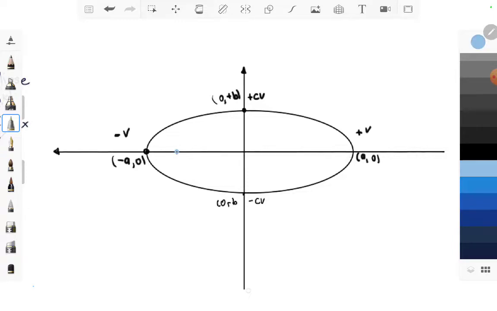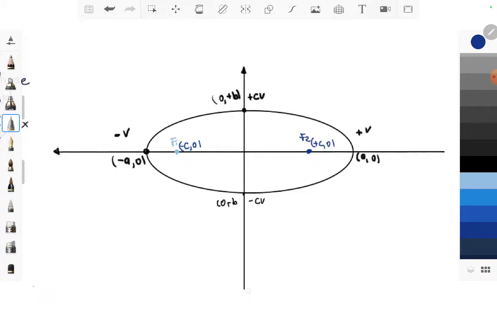So let's say we have my focus 1 and I have my focus 2. But what are the values of my focus 1 and focus 2? I have, of course, my c, right? Negative c, 0 and positive c, 0.